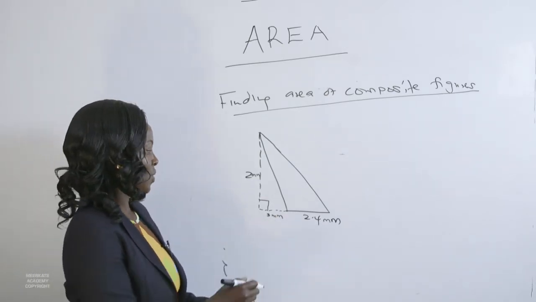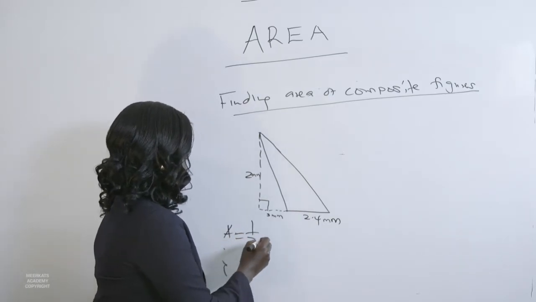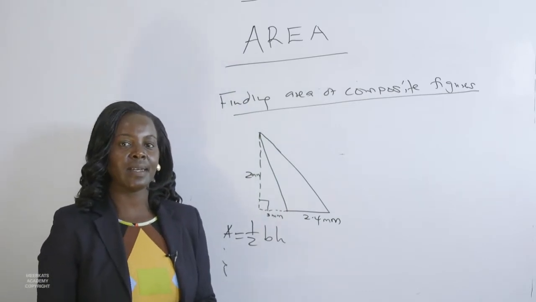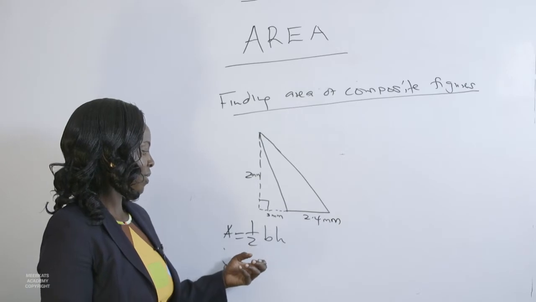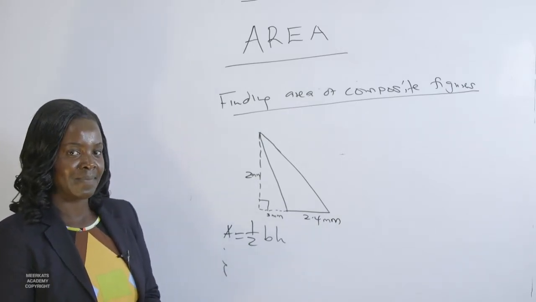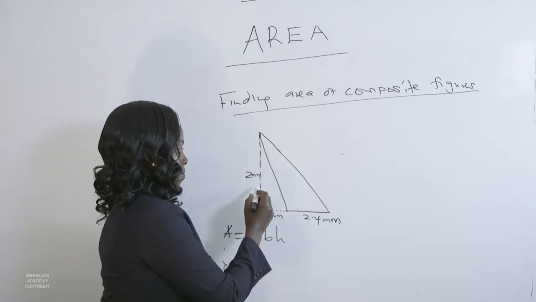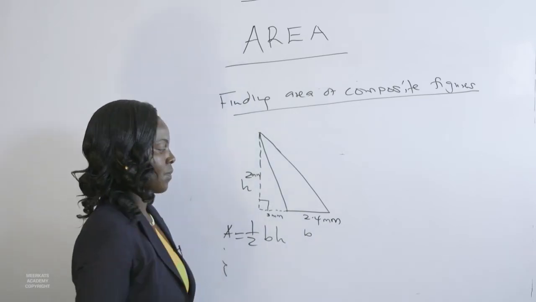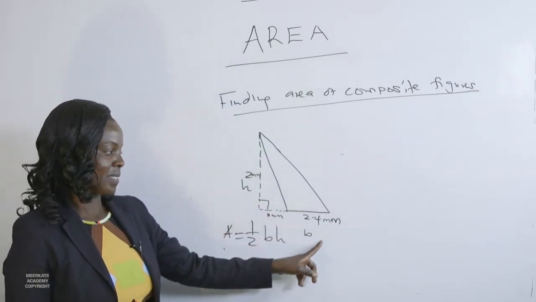We will use, remember, we said that the formula of calculating the area of a triangle is half base times height. So this is our height and this is our base.